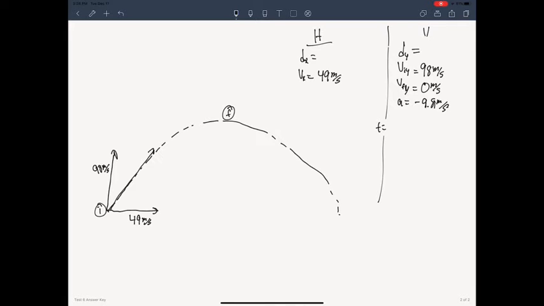Now our goal is to find the time to the peak, so we're looking for time. What we can do is use equation 3, which is Vf equals Vi plus At.